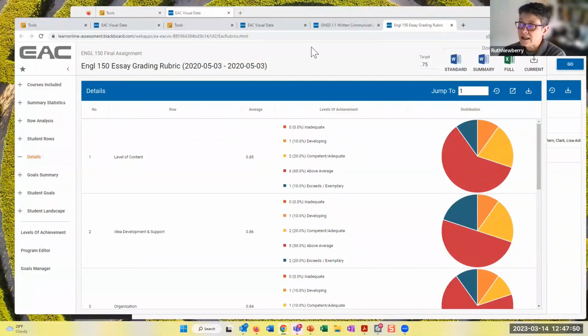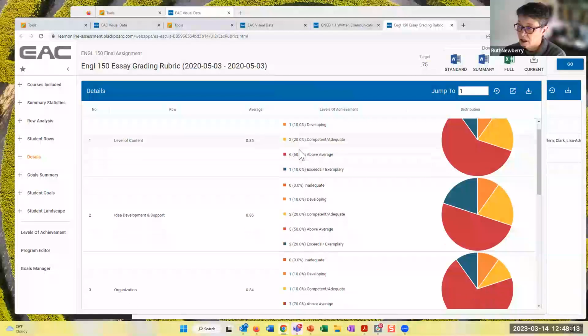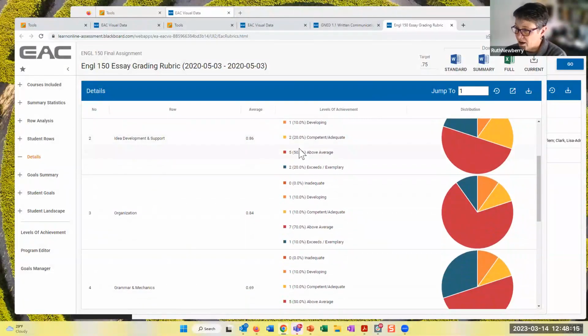This now breaks out the actual number of students you scored in each of these columns to calculate your average. You can see, again, even with the pie chart here, most of our students are competent in this area. We only have one student that's not. That's good.